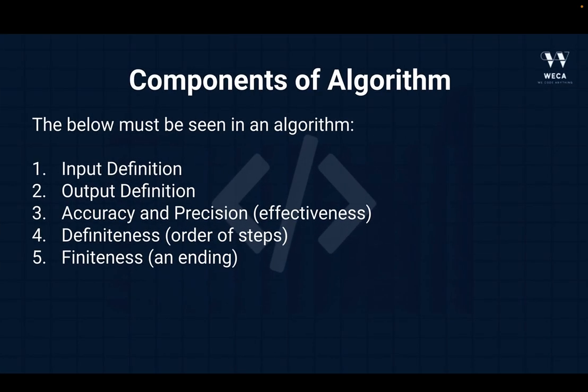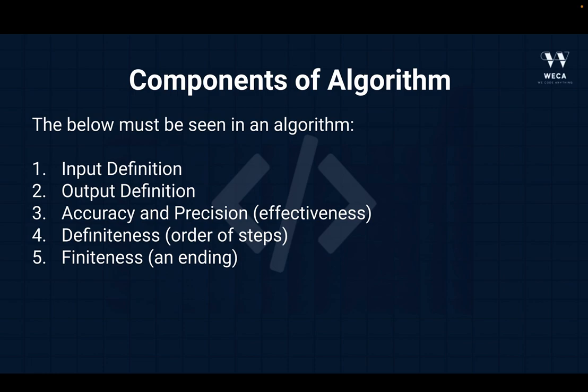Now, what are the components of algorithm? We're looking at five major components. The first is input definition. You must define how your algorithm is taking input. In the same way, you must define how your algorithm will be outputting data. Then also, your algorithm must be accurate and precise. It must be effective, basically. And then it must have definiteness. It must have a defined order.